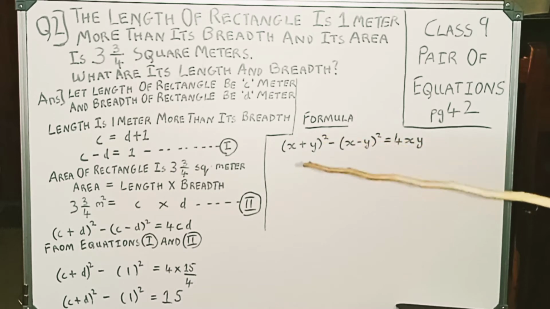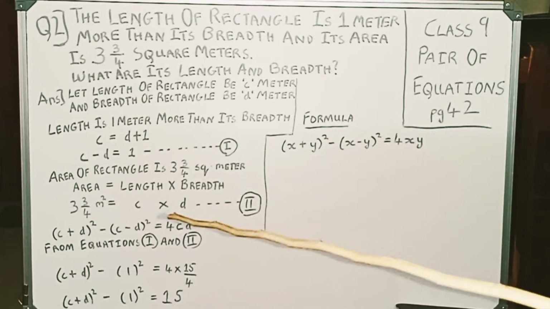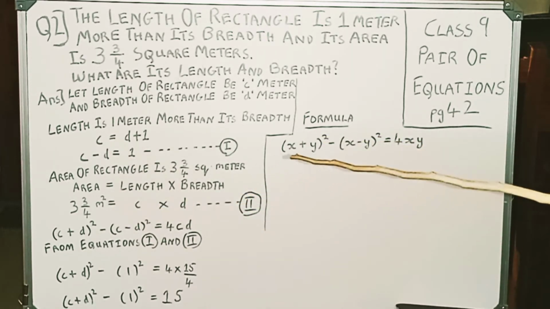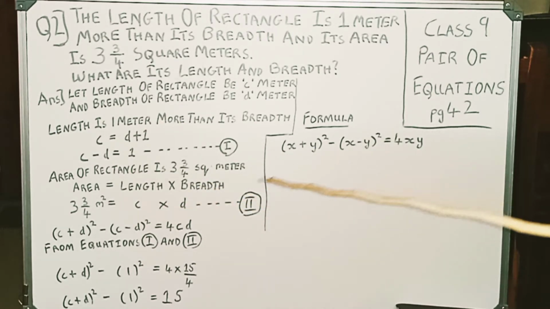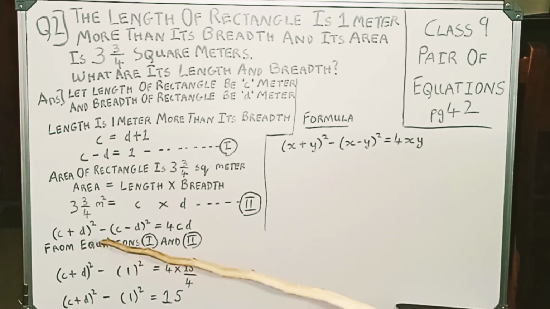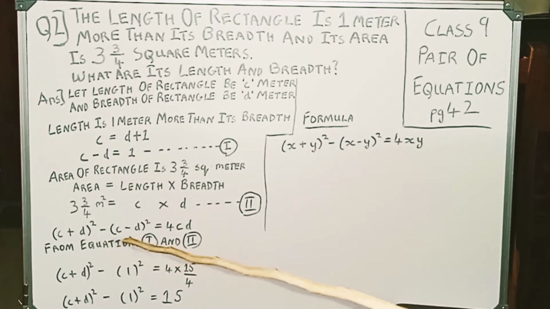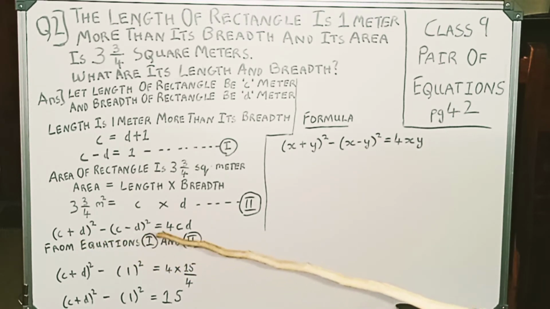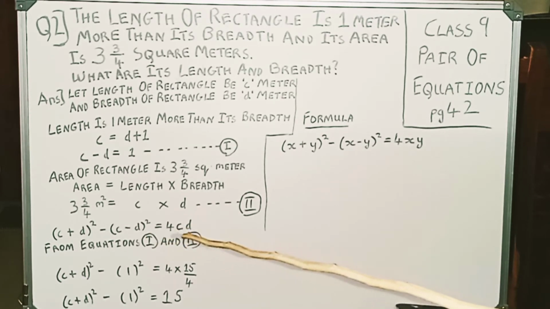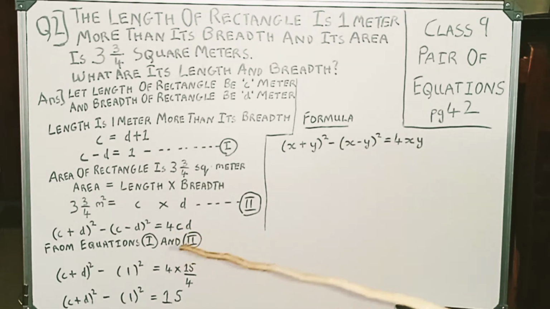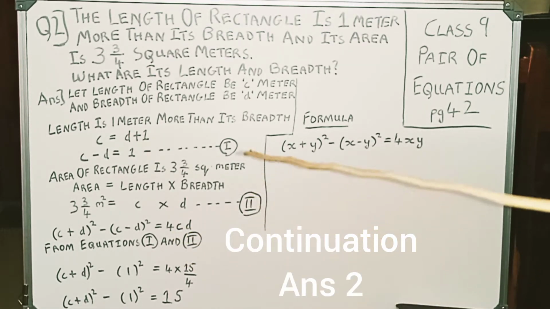Replacing x by c and y by d, c plus d the whole square minus c minus d the whole square equals 4cd. This is equation number 2.